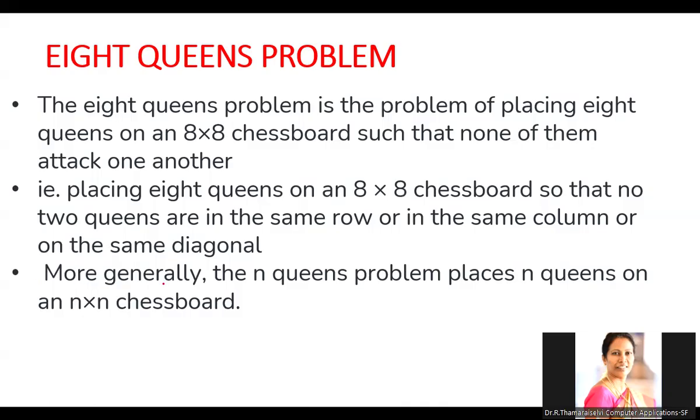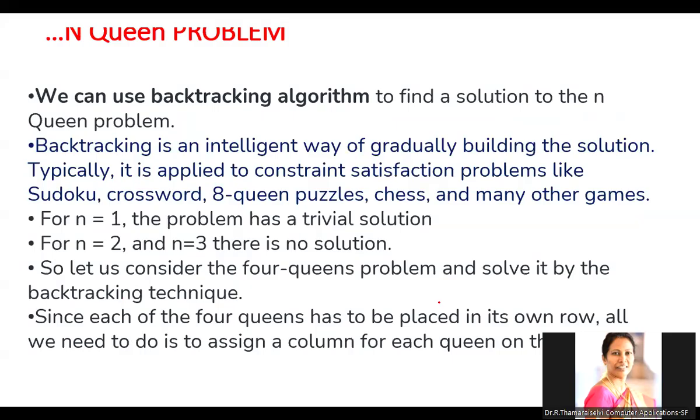So if you have 8 queens, you have to place all the 8 queens in 8 rows. n queens means it may be 1 queen, 2 queens, 3 queens, 4, etc. So, generally speaking, the n queen problem. We can use the backtracking algorithm to find the solution to the n queen problem.